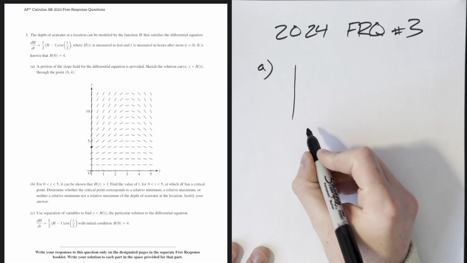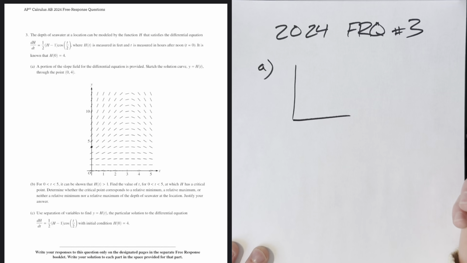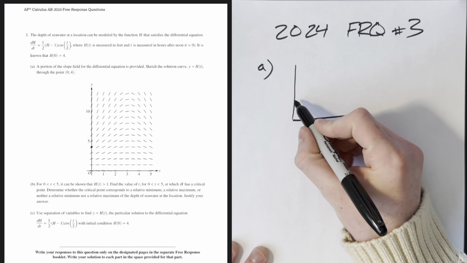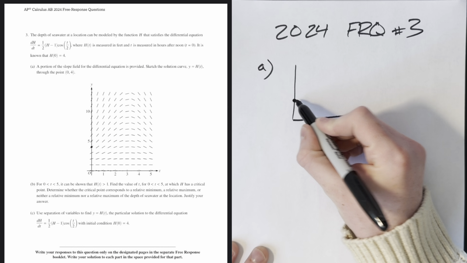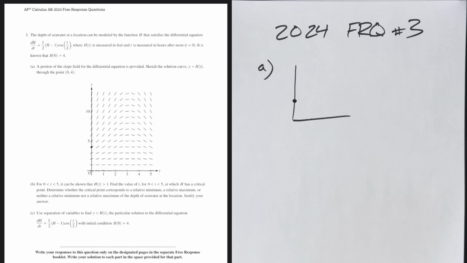So obviously, I don't have the graph in front of me, but I can at least do my best to describe what a solution curve should look like for a differential equation. These little dashes in the slope field represent the instantaneous rate of change of a function, that function represented by the differential equation, that passes through that point.